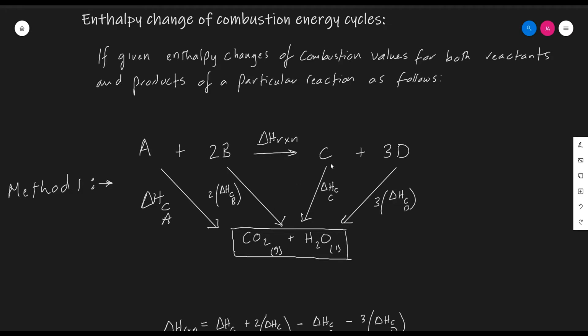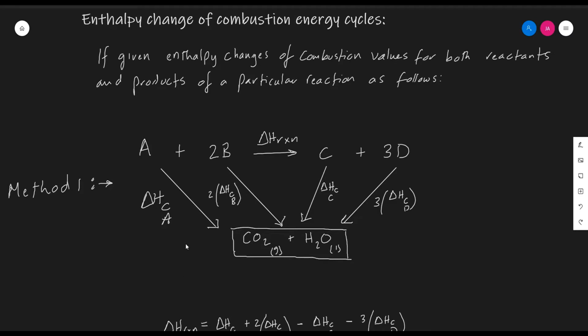Since the atoms that make up the products are the same as those in the reactants, combusting 1 mole of C and 3 moles of D completely would also produce the same amount of CO2 and H2O moles, and thus the cycle can be linked as shown in this cycle here.